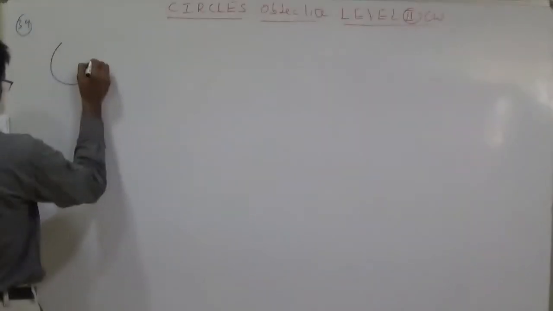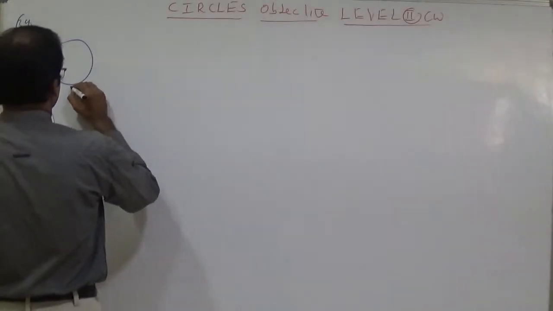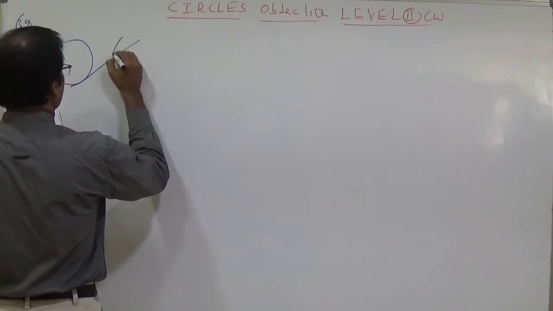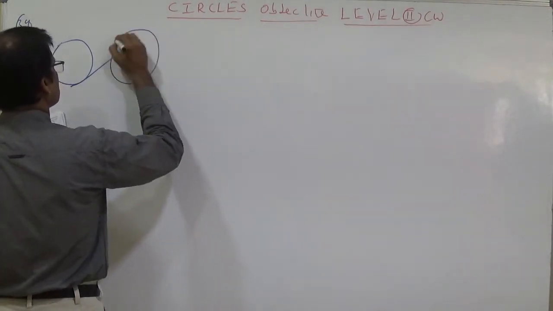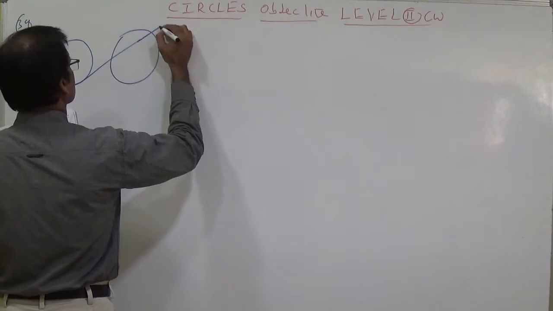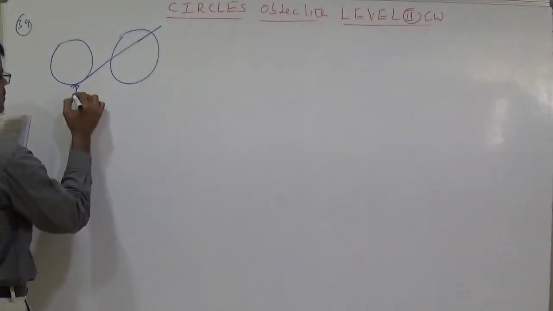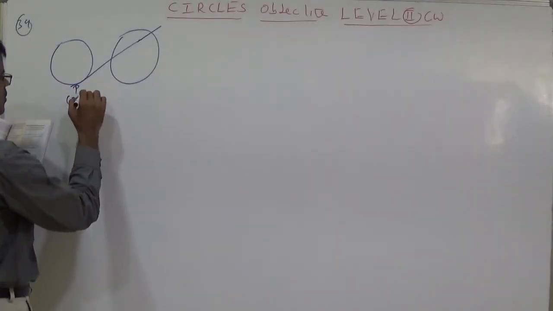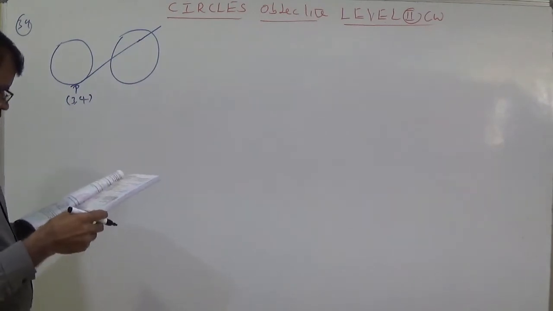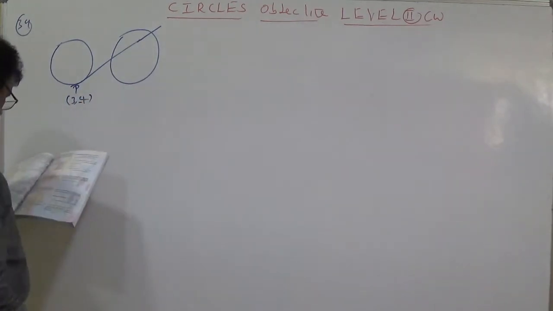Draw a circle; this is the tangent. Draw another circle here; this is the secant. The same line. Put P here, (3, −4).